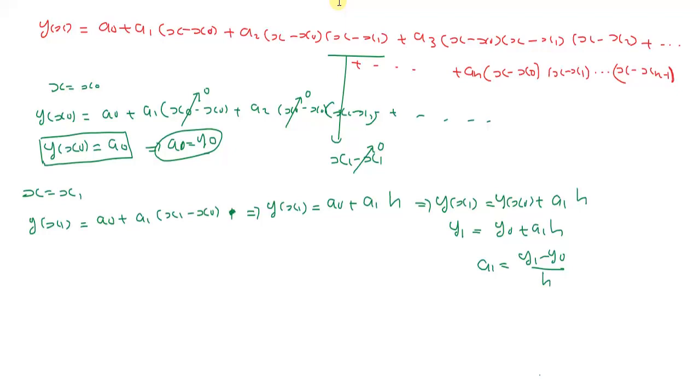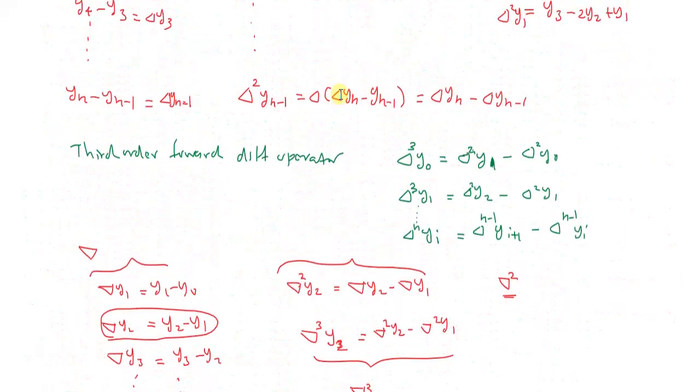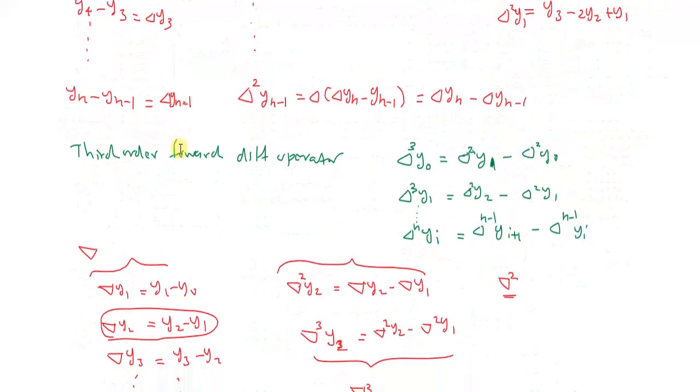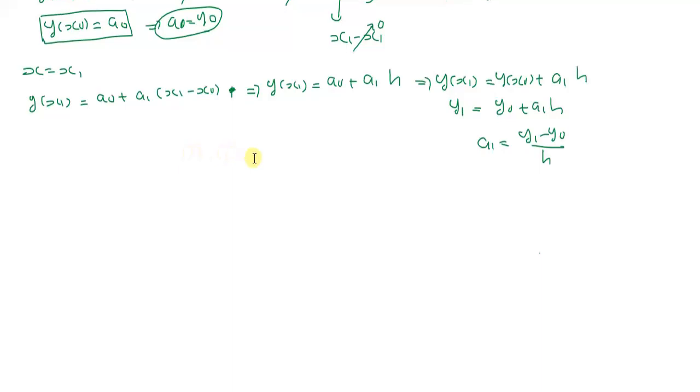Now what is y1 minus y naught? y1 minus y naught is our Newton's forward difference: y1 minus y naught is equal to delta y naught. So this is delta y naught by h. Okay, so our result is a1 is equal to delta y naught by h.